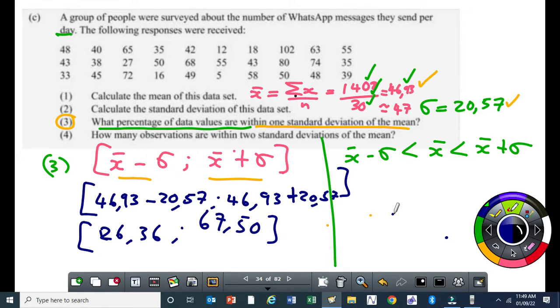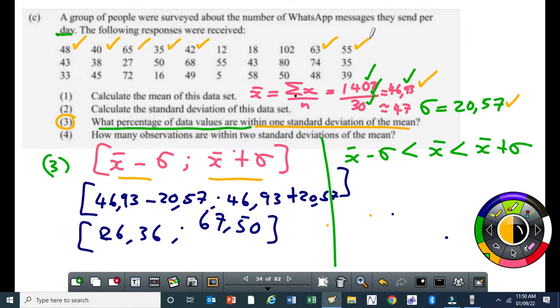Determine how many values are within one standard deviation. So you go to the data set. Remember, the minimum is 26.36, the maximum is 67.5. So the 48 we have to take into account. It's within this interval. The 40 is there, the 65 is there, 35 yes, 42 yes, 12 no, 18 no, 102 no, then 63 yes, 55 yes.